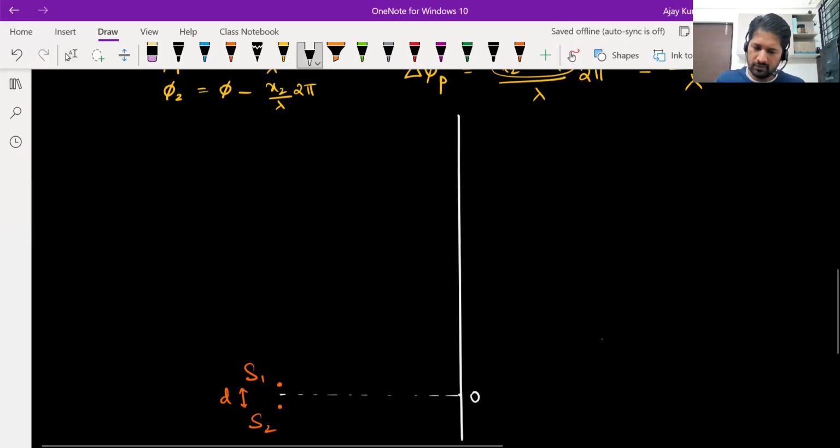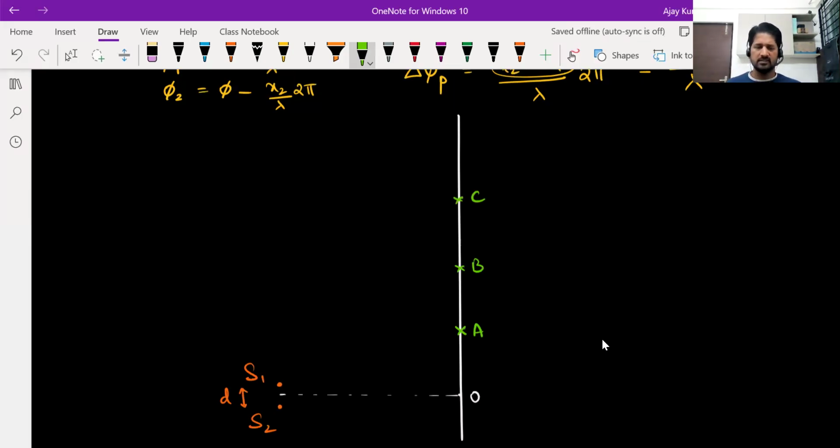So Isha, you visualize and tell me, as you keep going away from O, let's call this point A, this point B, this point C, and so on. The path difference will keep on changing.